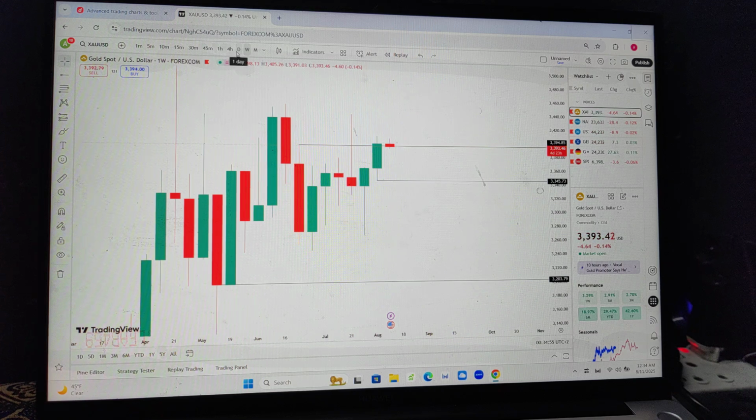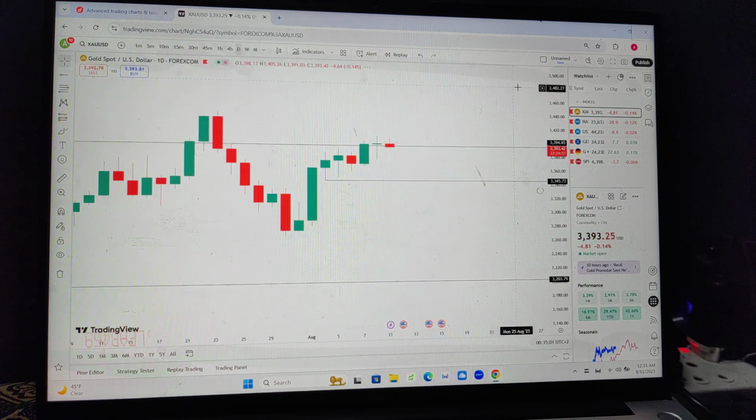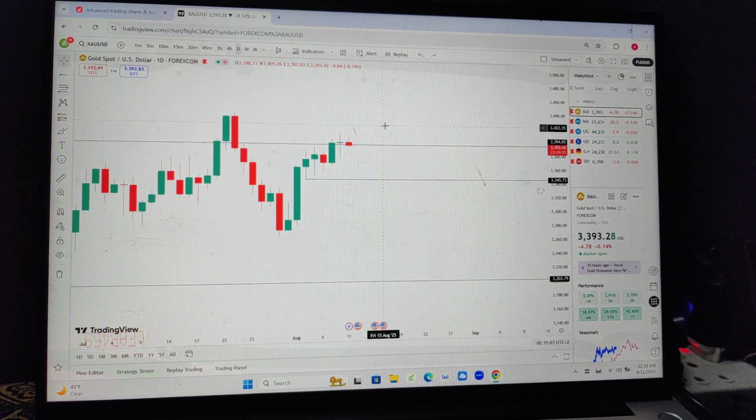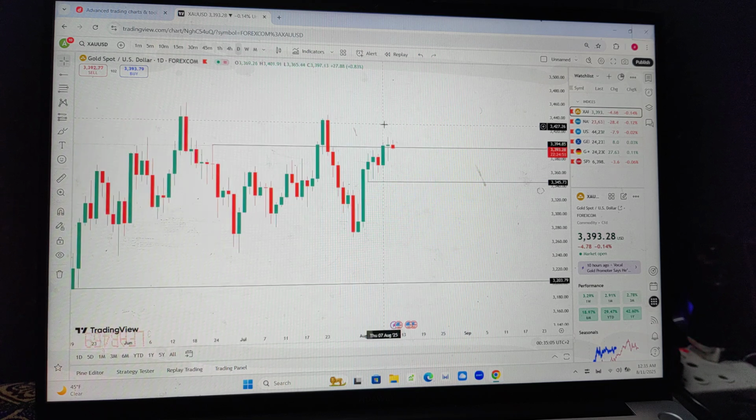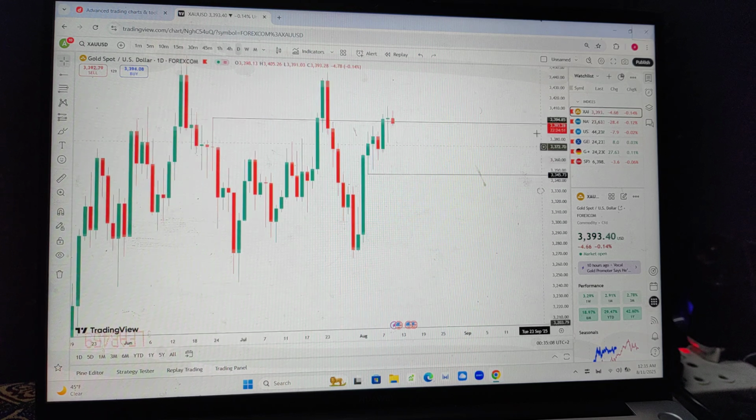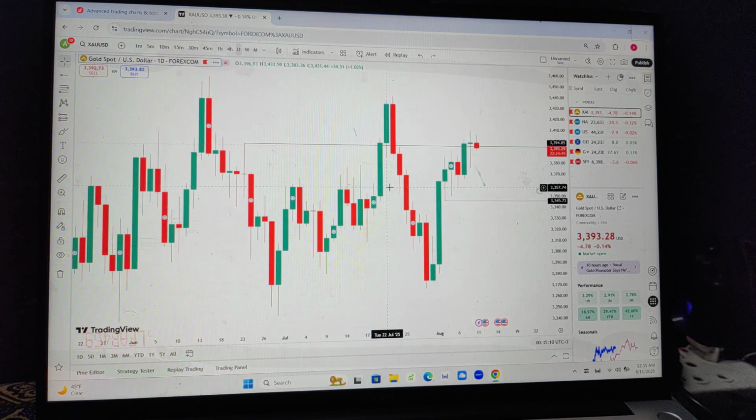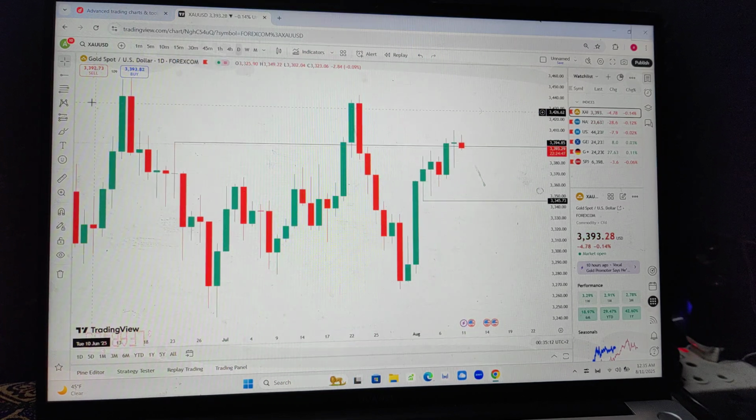Then let's look at the daily time frame. When we look at the daily time frame, this is what we see, basically based on market structure.